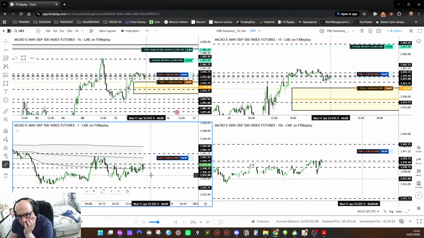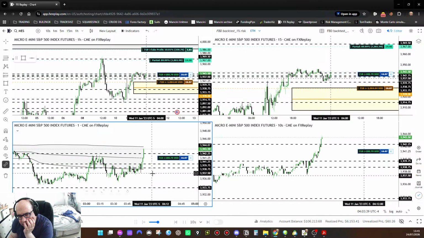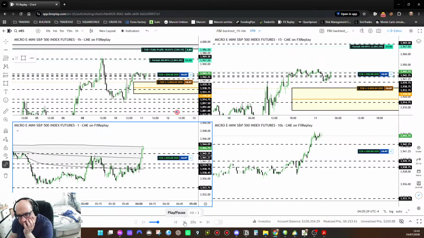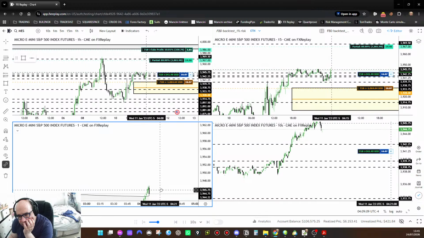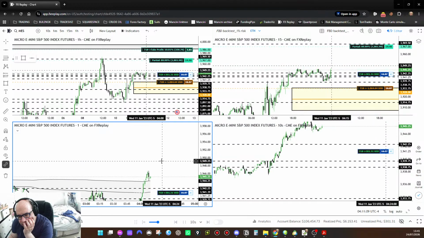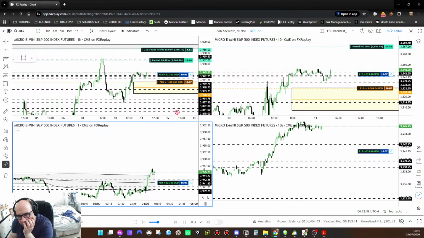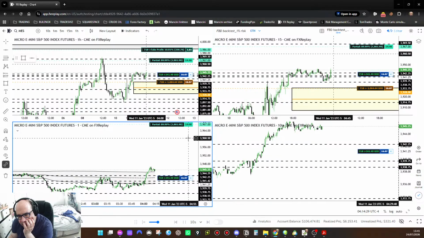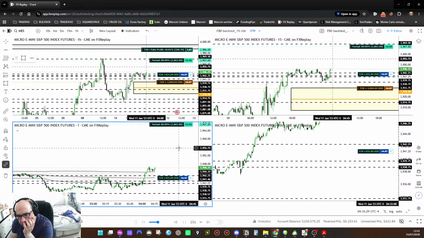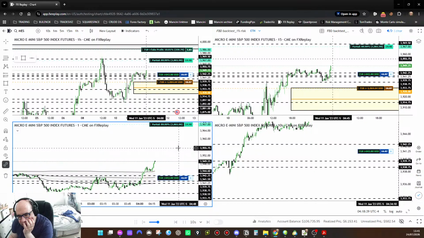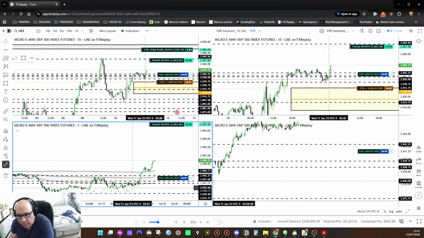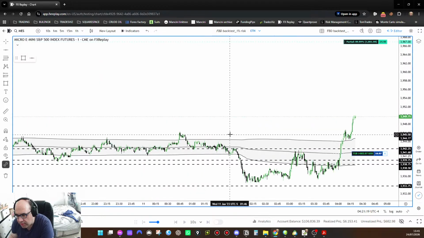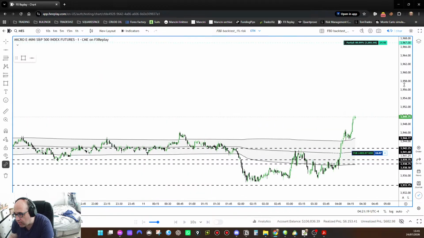Okay, you see all the sellers are getting absorbed, and now we have the move. We're aiming for the swing highs, which is about 20 points ahead. Let's see if we can get there. Actually, by the way, I'm gonna do a small check to see how many RR is the trade.